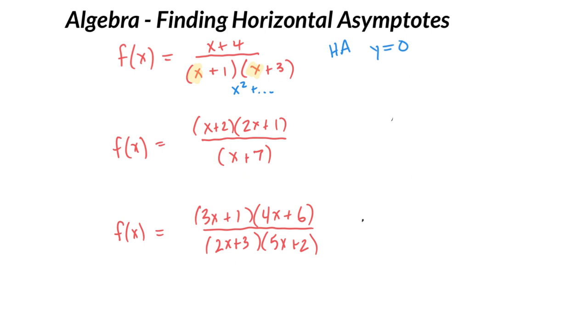All right, next, here we've got an x and a 2x. So if we multiplied that out, we get 2x squared, and you can see the bottom is just x plus 7. So in this case, the highest power is in the numerator. So there is no horizontal asymptote.